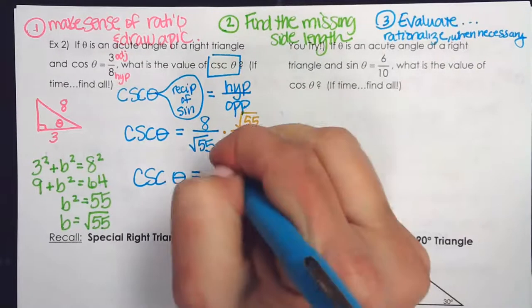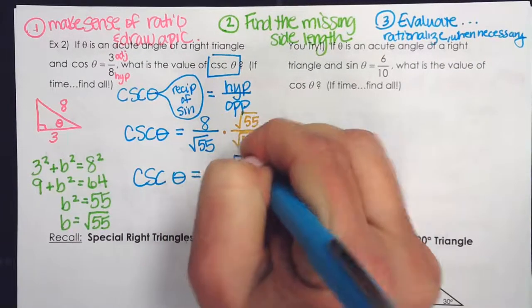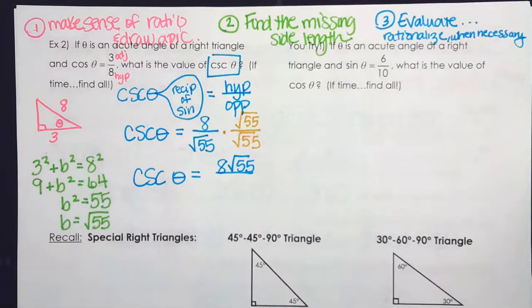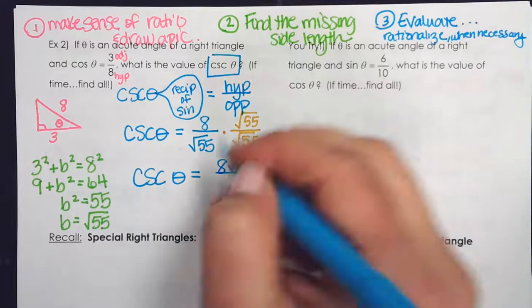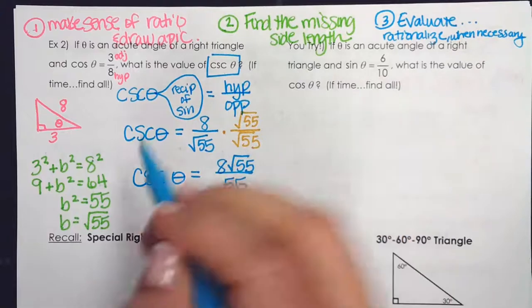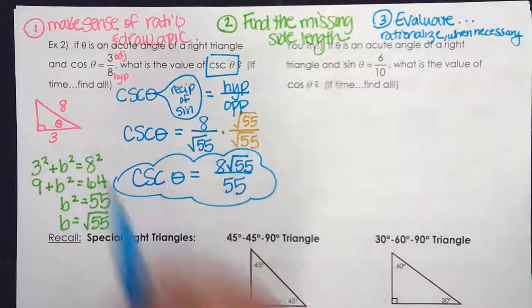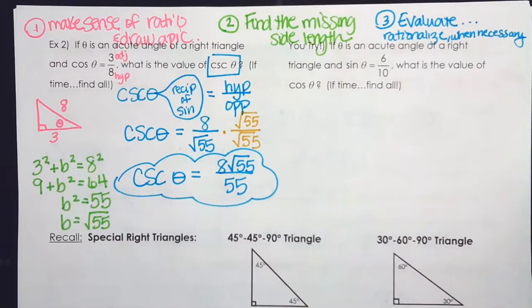Eight times root 55 is 8 root 55. And what happens when I take root 55 times root 55? Just 55. So we multiply the radical by itself so that we're squaring it and the radicals cancel and we're left with something like this.